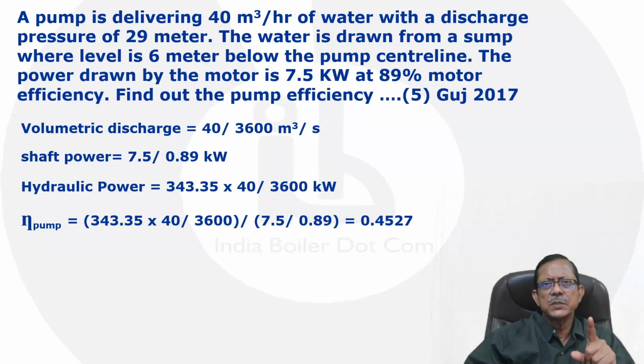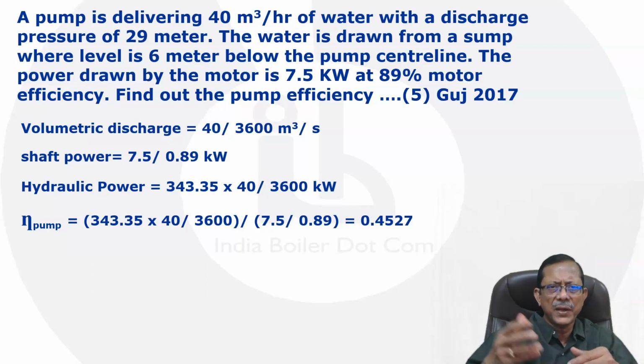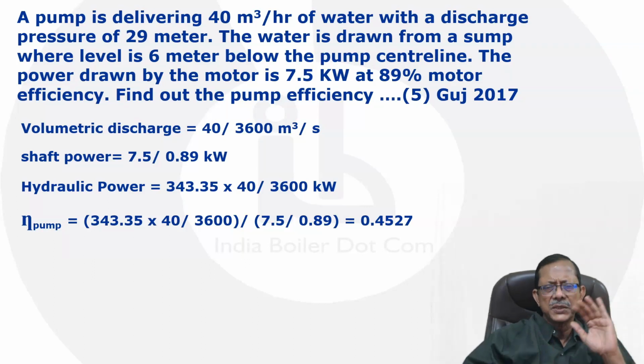Now you should notice one thing, that I have not calculated 40 by 3600. I have not calculated 7.5 by 0.89, right? I have not calculated the hydraulic power as 343.35 into 40 by 3600. I have done this calculation at the end.